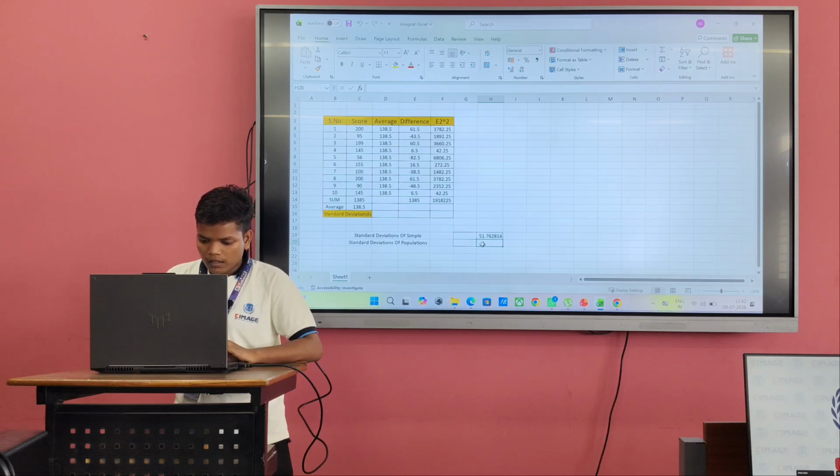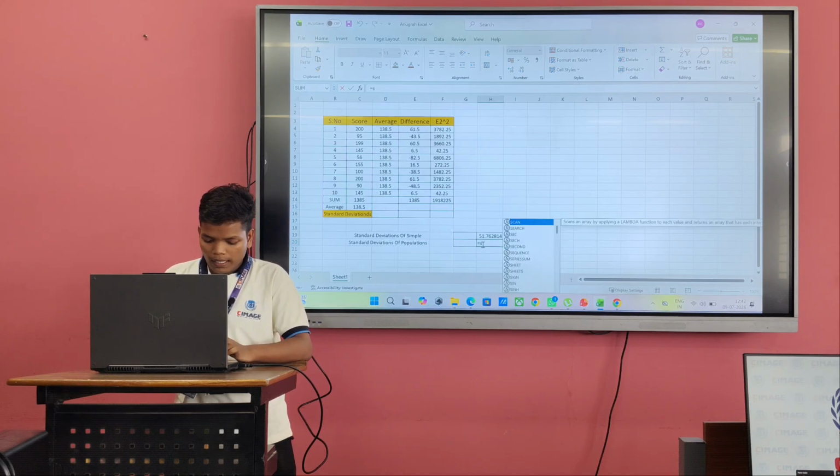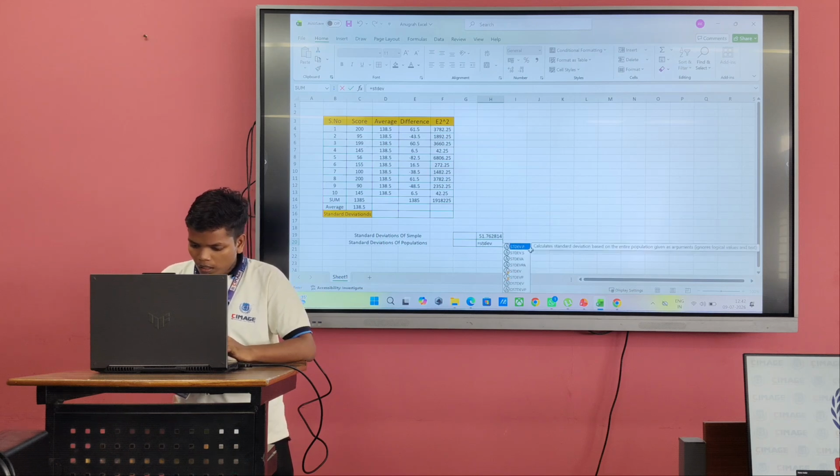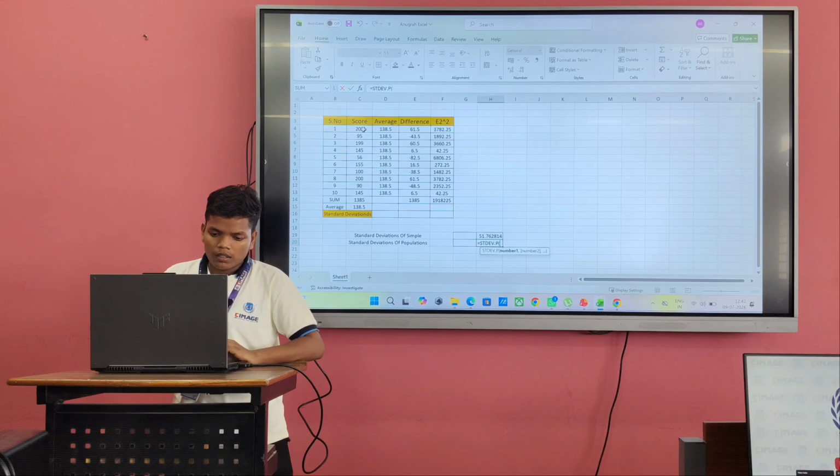And next, again equal to STDEV.P. P stands for population. Select this data and bracket close.